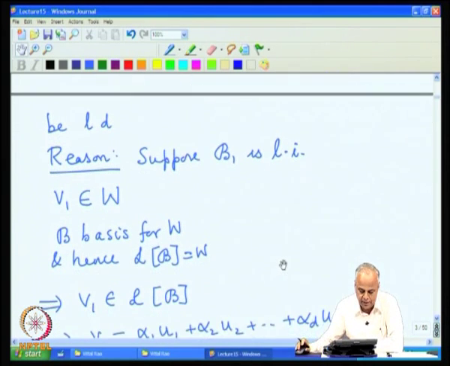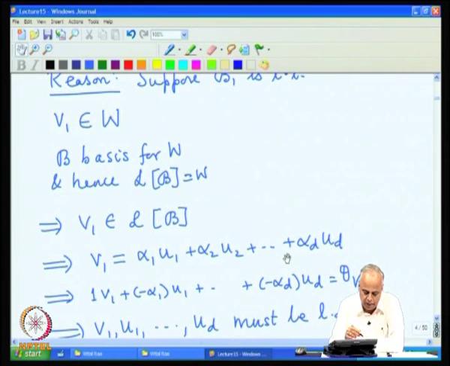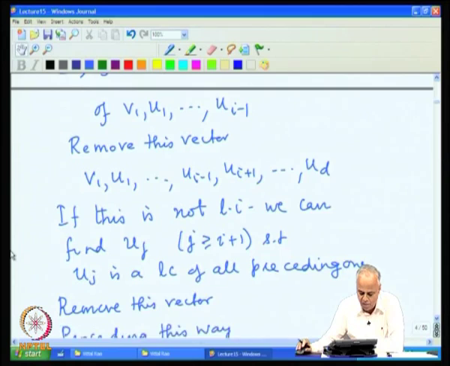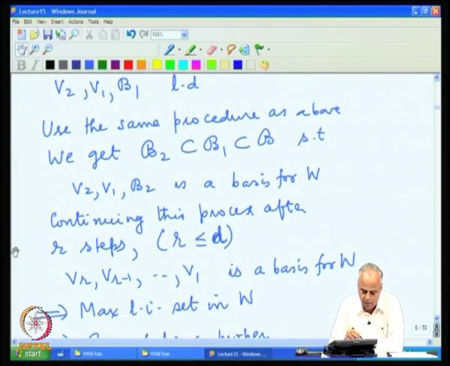If it were linearly independent, step by step we elbowed in one vector after the other from the V set into the basis, knocking out at least one vector of B out of it. At the end of r steps, we get Vr, ..., V1 and we would have knocked out all the vectors of B. Since we knock out at least one vector in each step, r is at most d, maybe we would have knocked out 2.